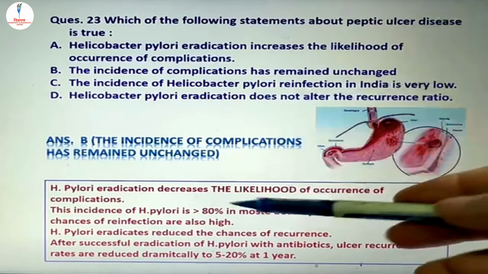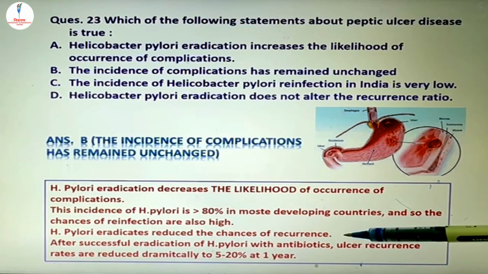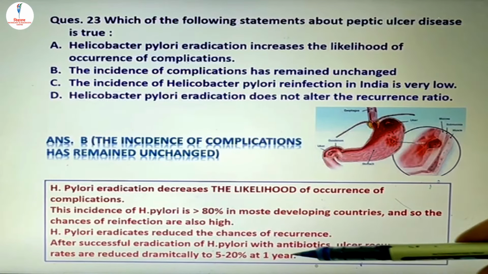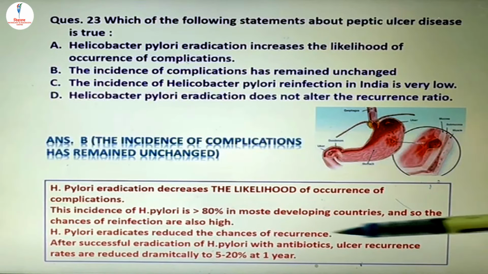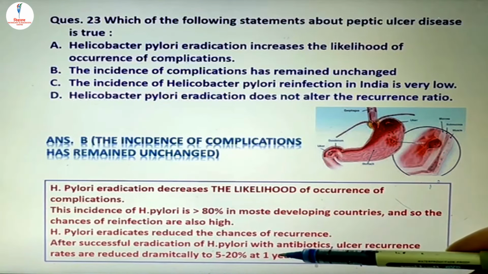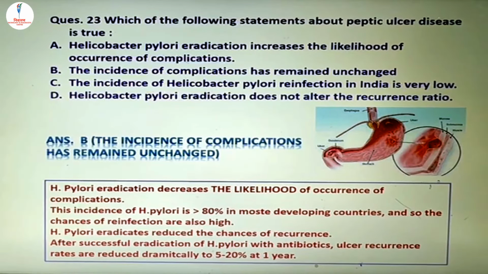Eradication reduces the chances of recurrence of gastritis and cancer, and after successful eradication with antibiotics, ulcer recurrence rates are reduced dramatically to 5% in a year. So it is very important to treat H. pylori positive patients of peptic ulcer, and the test can be done at the OPD level by breath test, urease test, biopsy, or even by ELISA.